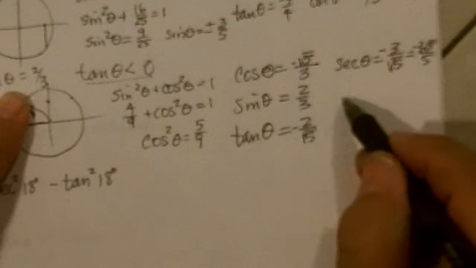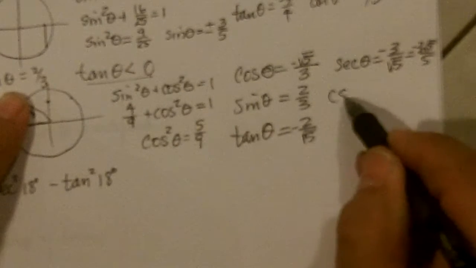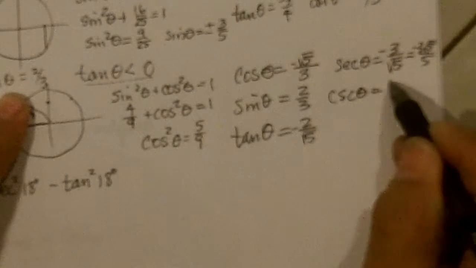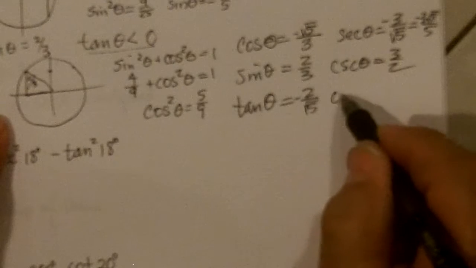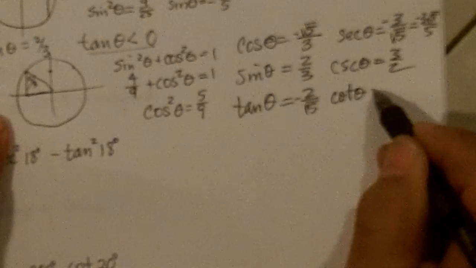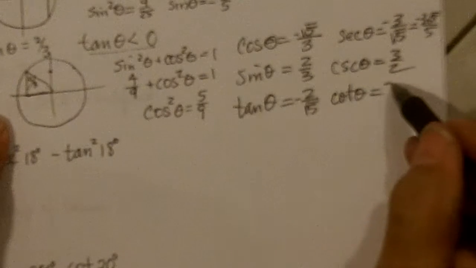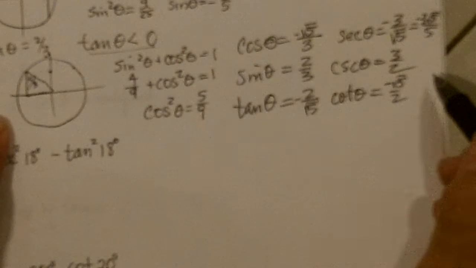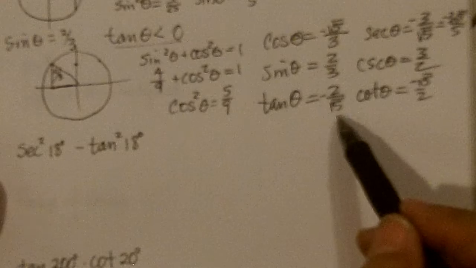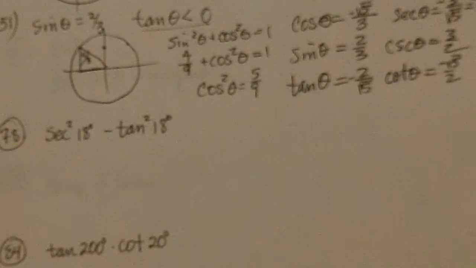And similarly for the cosecant theta, we would get 3/2. That's a simple one. And for the cotangent, we would get negative square root of 5/2 as that. And I didn't multiply square root of 5/5 to get the rationalized tangent. Good enough.